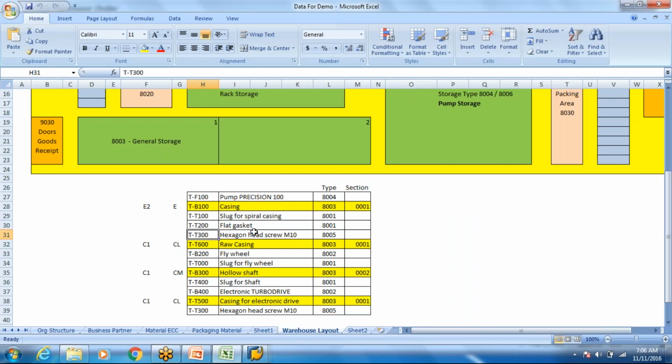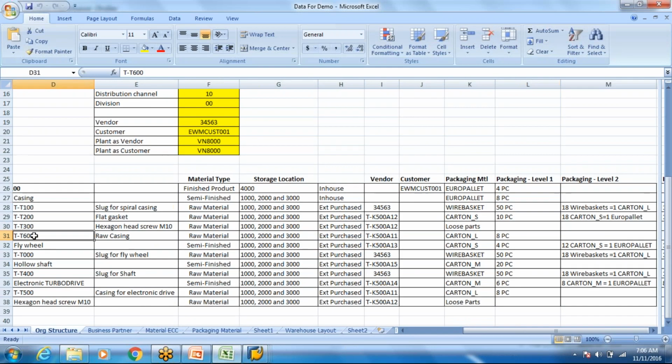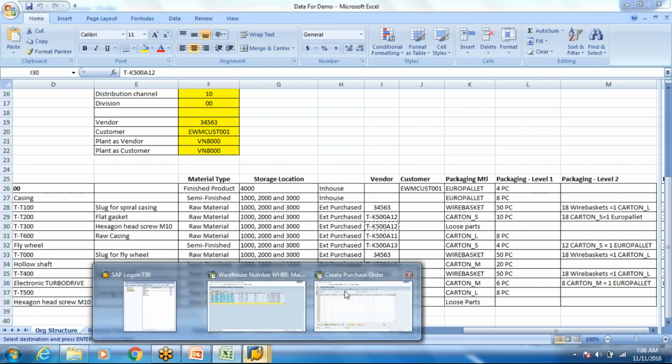So T300, you can see it's coming from this vendor.